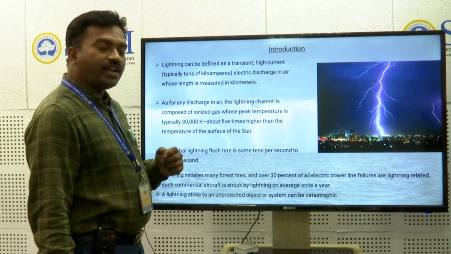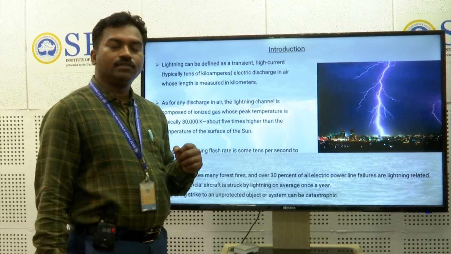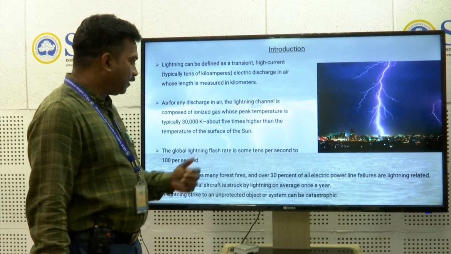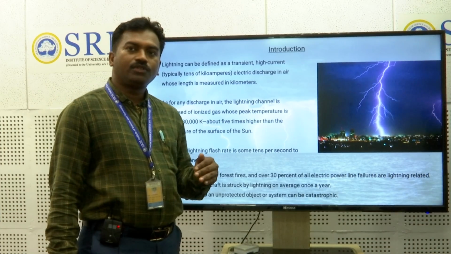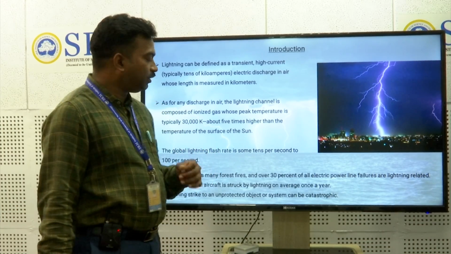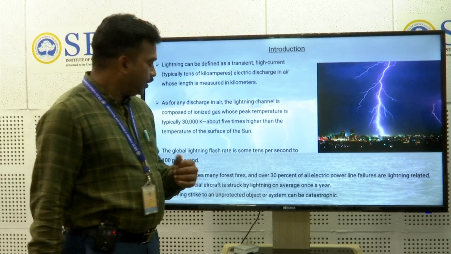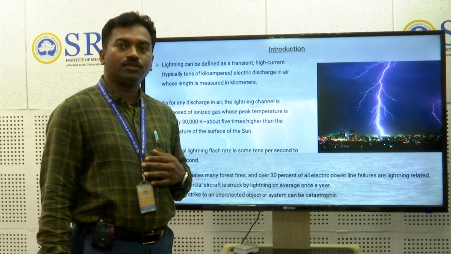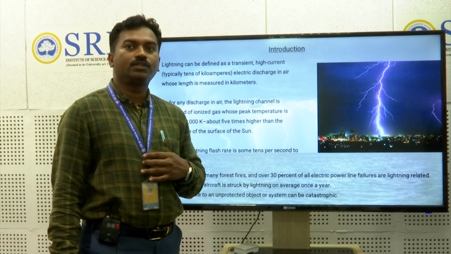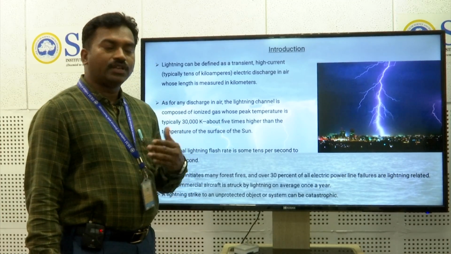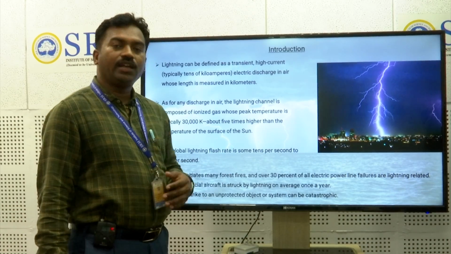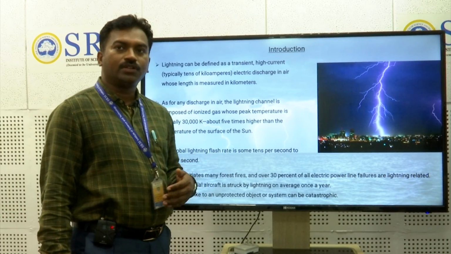The global lightning flash rate is around tens per second to hundreds per second. Such an amount of lightning takes place per second around the globe. Lightning initiates many forest fires, mostly they are initiated by lightning, and also 30% of the electric power line failures.